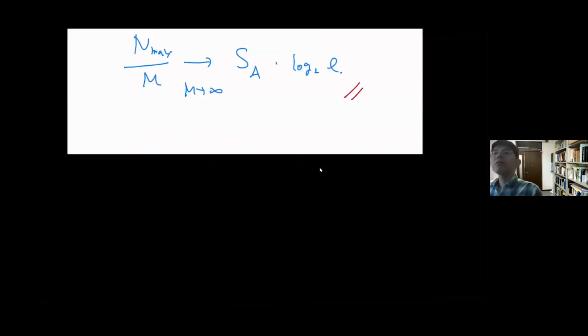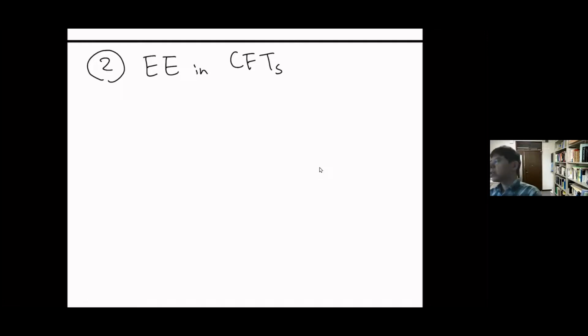If there are no more questions, I will go to more high energy theory calculations and properties. Now I'd like to talk about entanglement entropy in conformal field theories, giving a basic summary of its properties.